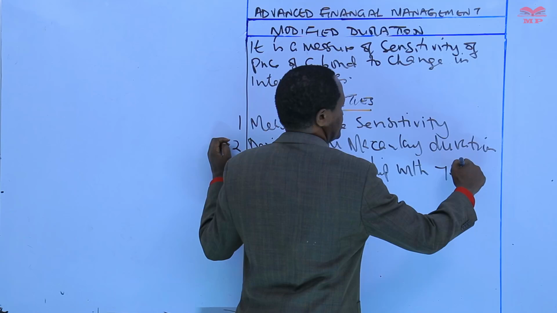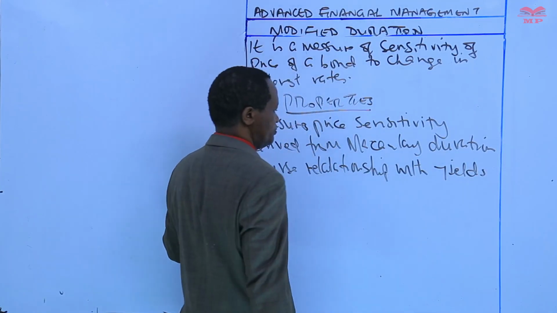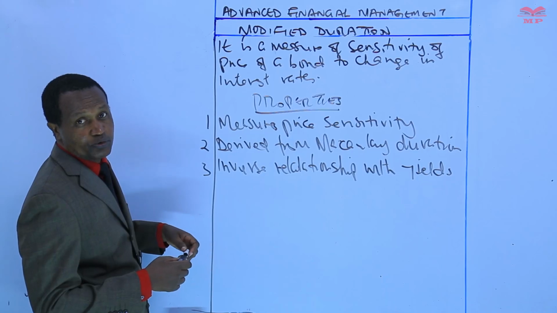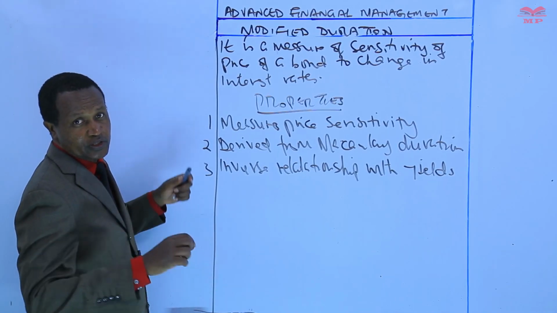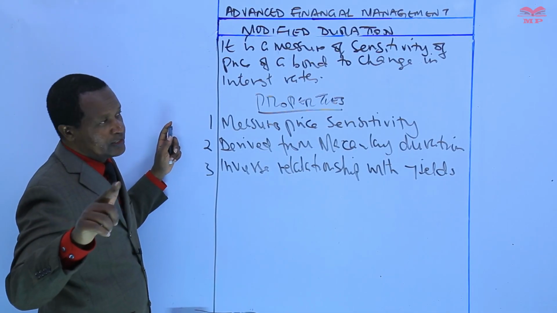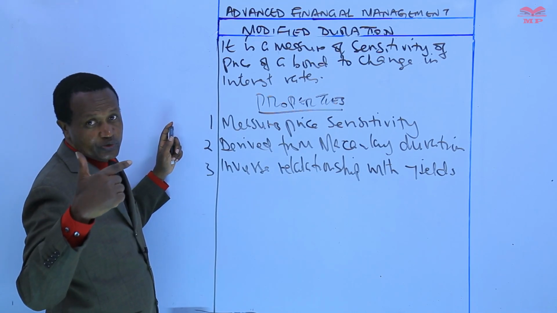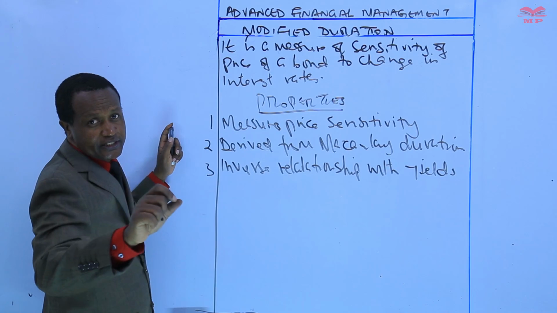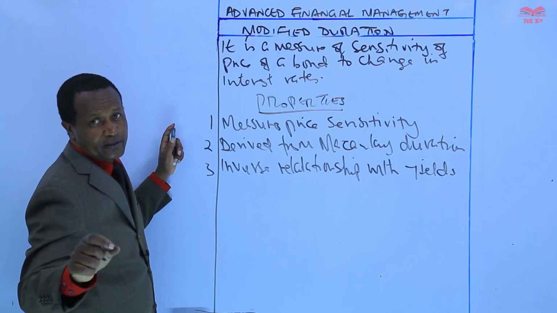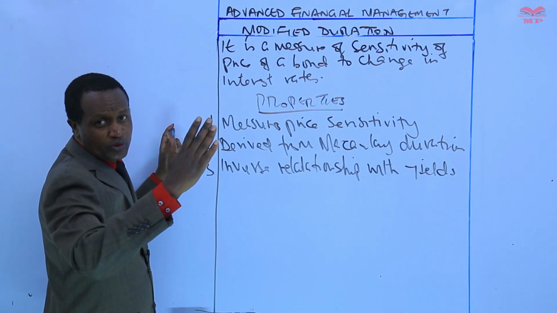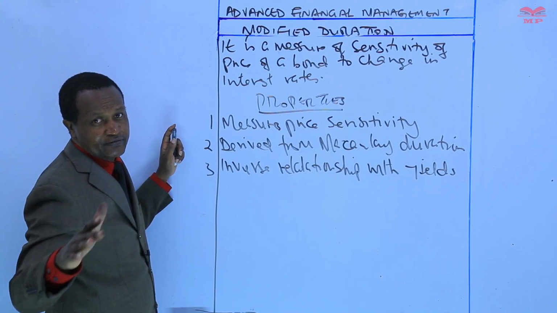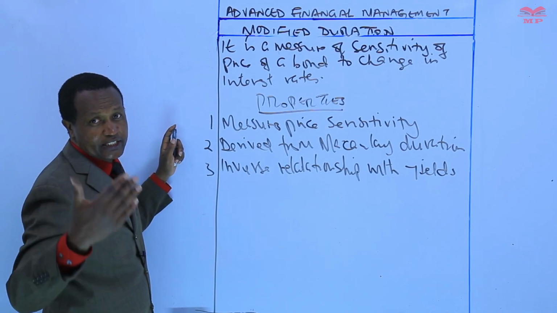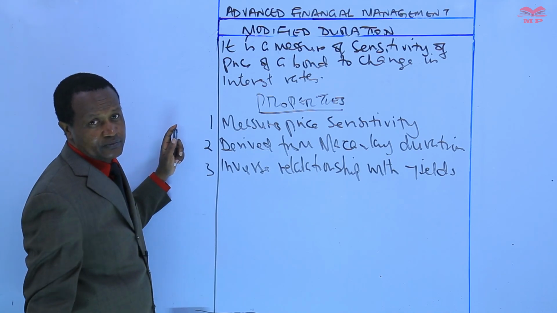Now, like all bond duration measures, the modified duration reflects the inverse relationship between bond prices and yields, so that when yields rise, bond prices fall and vice versa. And this modified duration then helps us to estimate the extent of that change.